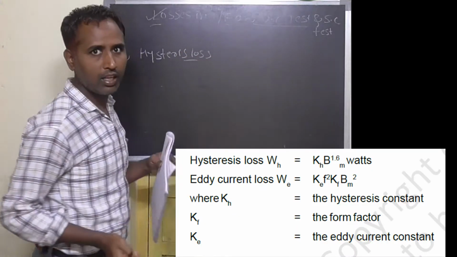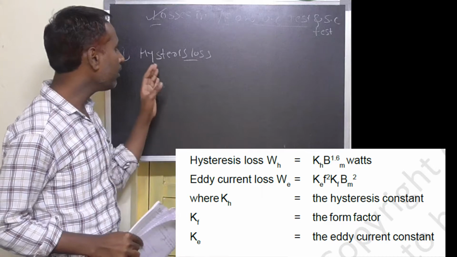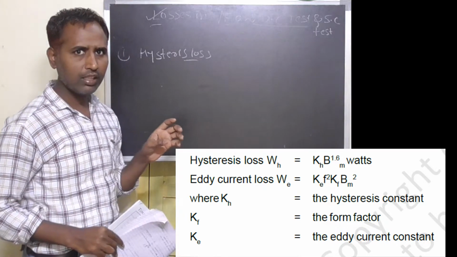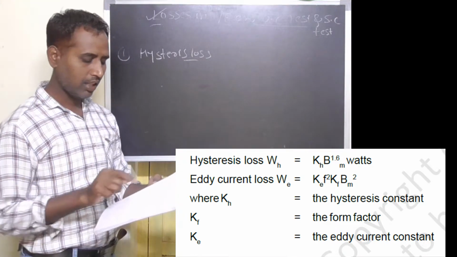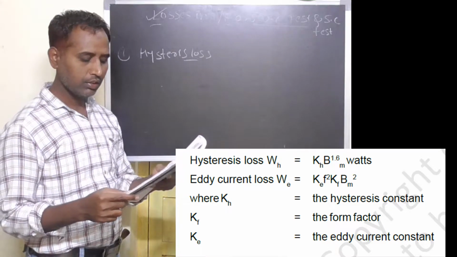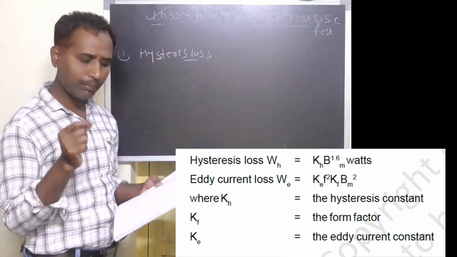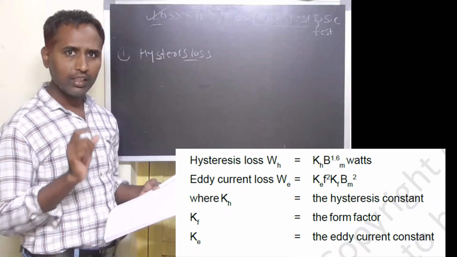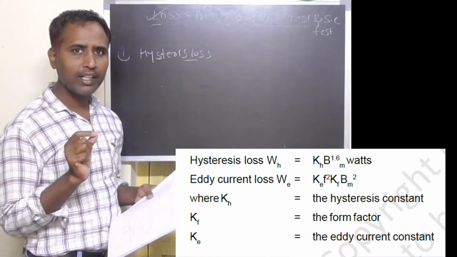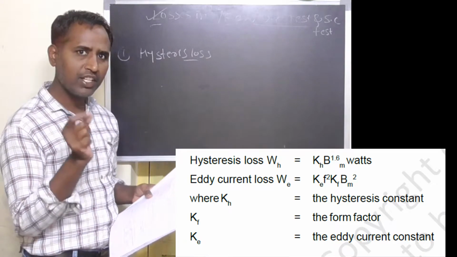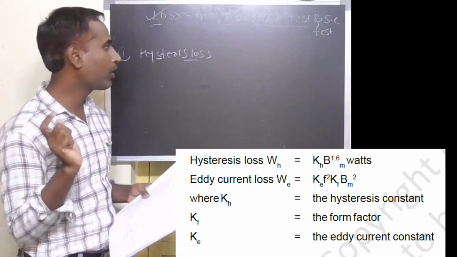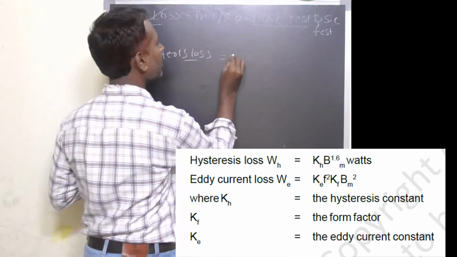So this is the formula on your screen. Hysteresis loss equals hysteresis constant into magnetic flux density raised to 1.6. Here the important point is, what is the unit of hysteresis loss? The unit of hysteresis loss is watt.